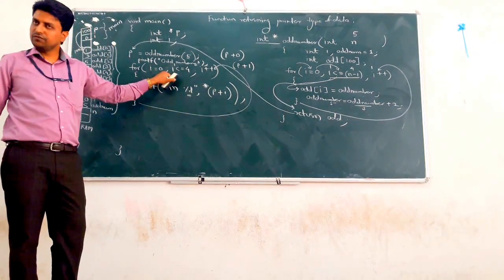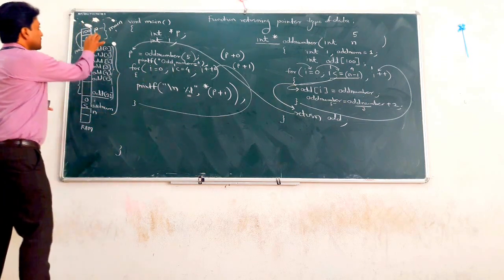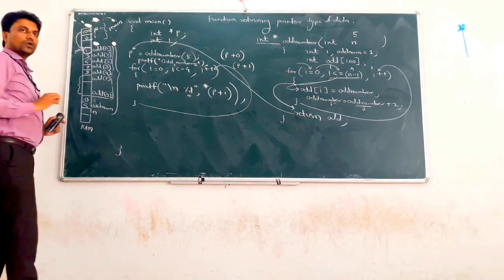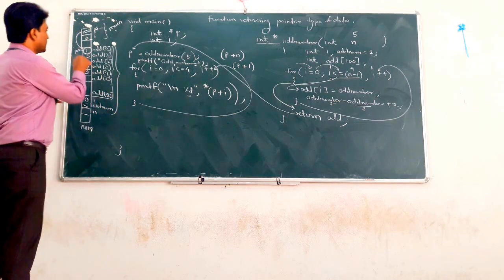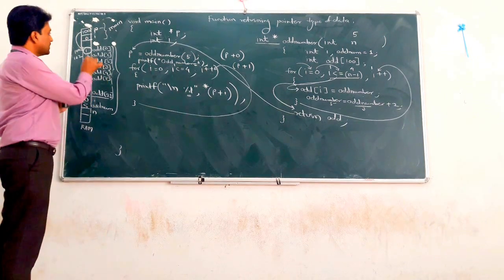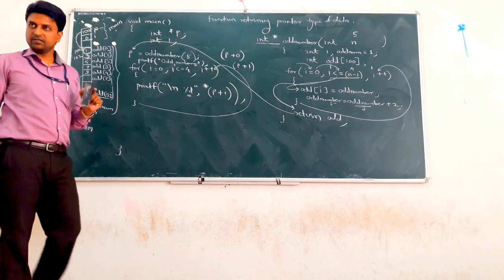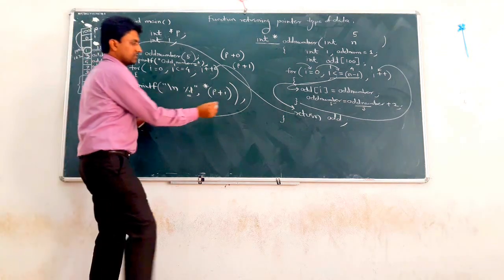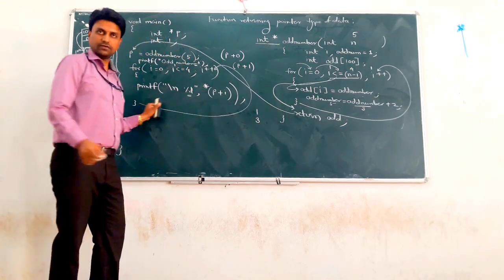Whatever the address in p is, the next location of that address means the 102 location. At the 102 location, what is stored? 3. Clear? So first 1 is displayed, next is 3.